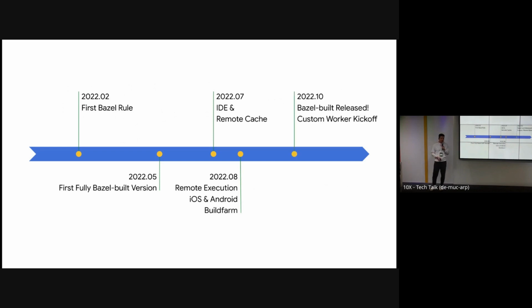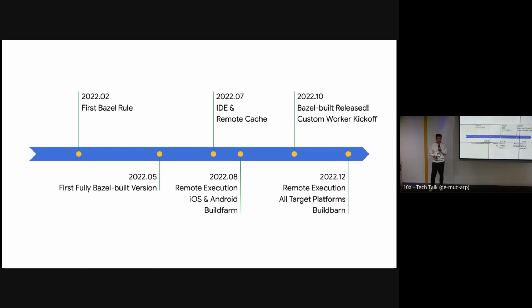In October last year, we finally released our first Bazel build version to the players. And we finally got some time to work on the custom remote worker for the Windows platform, which I will explain later. At the end of last year, we had remote execution set up for all 4 targeted platforms with BuildBarn.